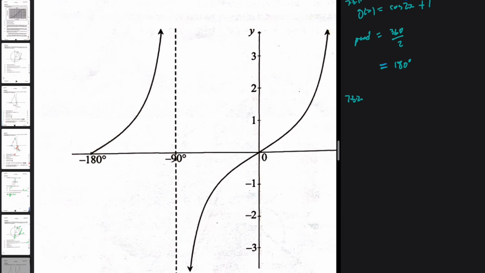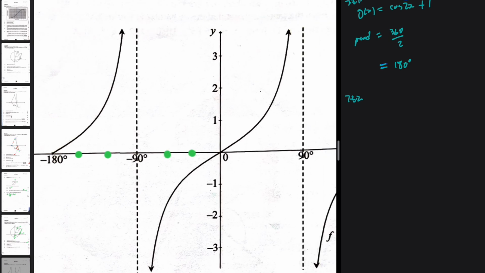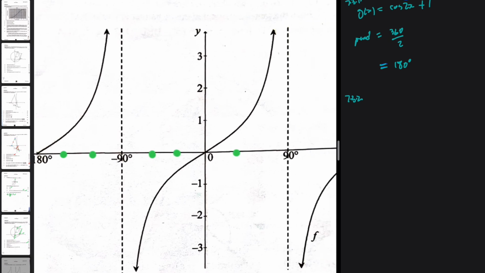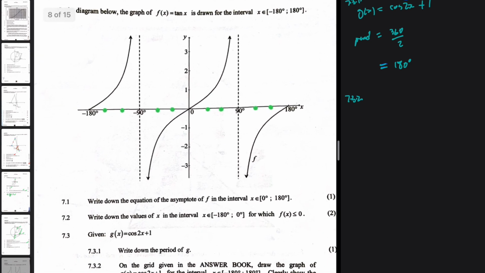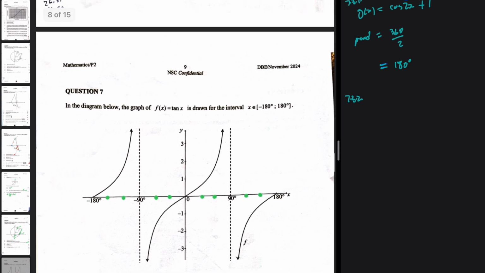So from minus 180, I'm going to have minus 150, minus 120, minus 90, minus 60, minus 30, 30, 60, 90, 120, 150. What's the interval again? Minus 180 to 180. So I need all those points.